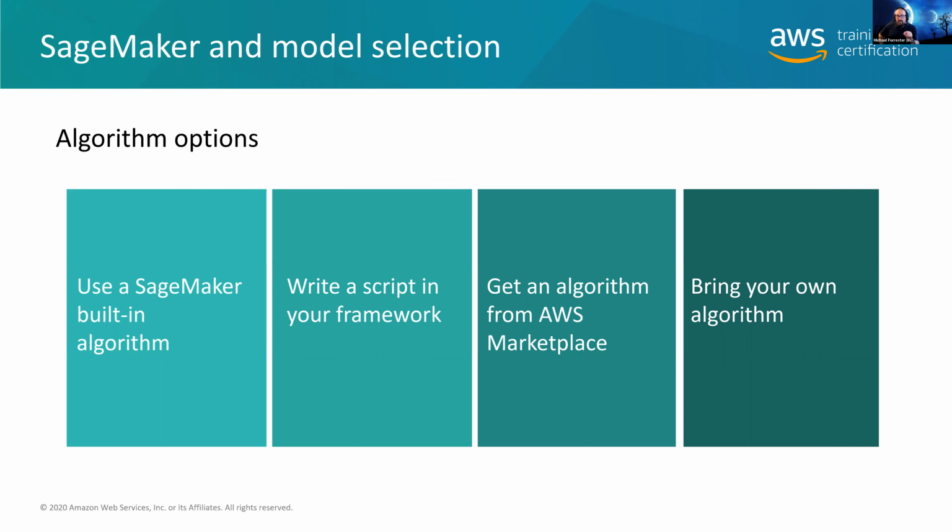That's a little beyond the scope of this class, but I want to make sure you understand that because it also shows up occasionally on the exam. One, you can't change the custom algorithms. You've got to bring your own. If you do want to bring your own algorithm, you're going to need to put it into a container, and that container is going to end up inside the SageMaker instance. So if you didn't note that, probably a good idea to do so.